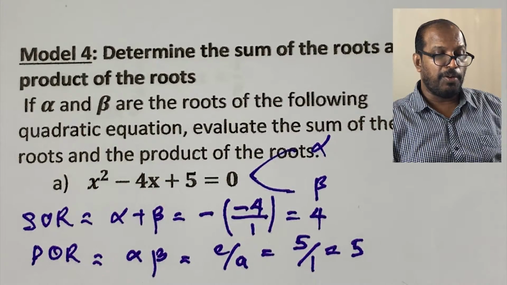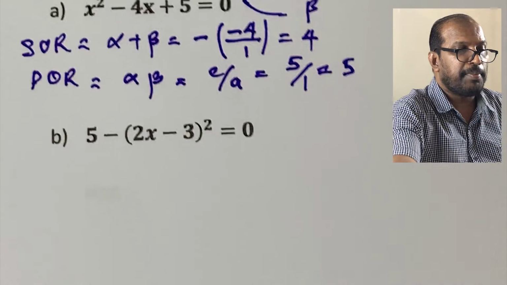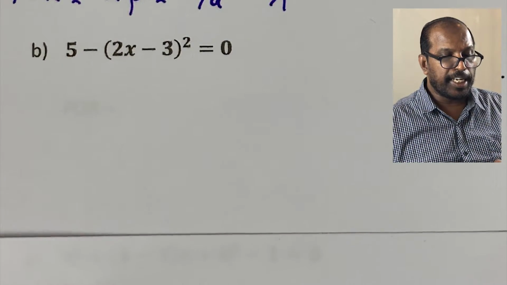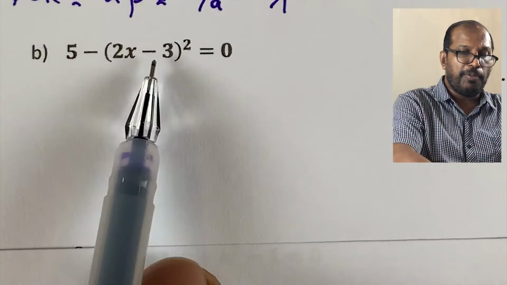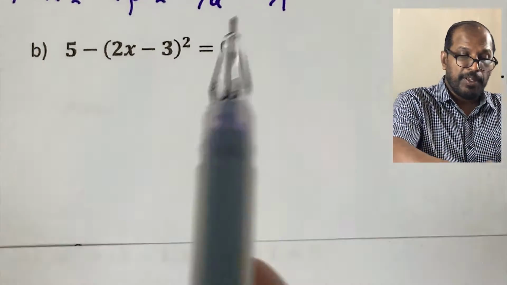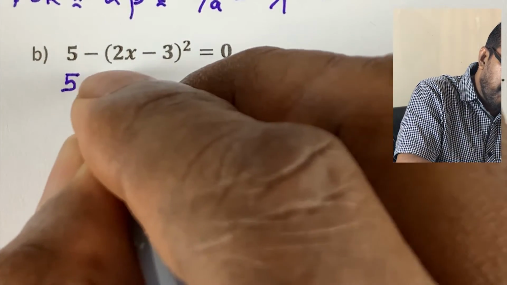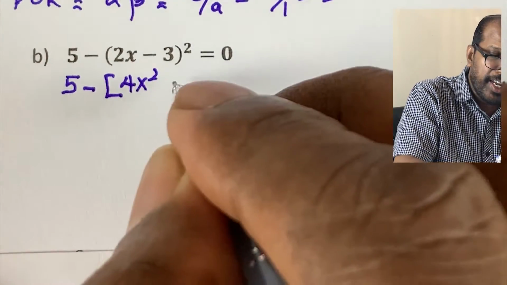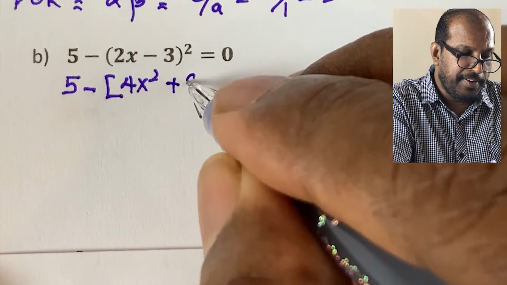So now we do the second example. When you go to the second example, you're not given a quadratic equation in the form ax squared plus bx plus c. So what we need to do is open up. This equals 5 minus open, this gives you 4x squared. Open negative 3 squared, you'll get plus 9.